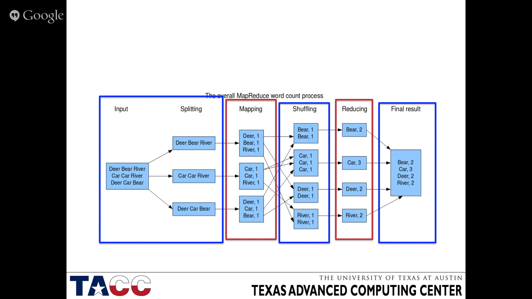So what the users really need to implement is just these two white boxes. For the blue box, the first part, the splitting, is done at the time you're putting your data inside the HDFS, and how the data is going to be distributed, stored, and distributedly computed. Then you implement your mapping process, and in between your mapping and the reducing, you don't need to worry about how that communication works.